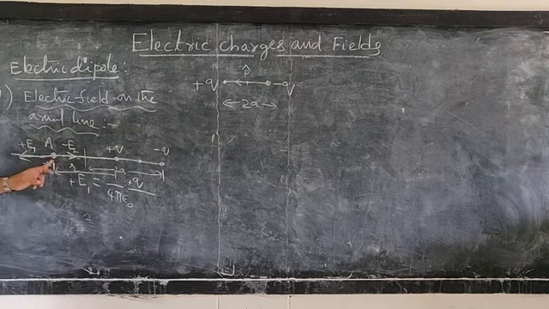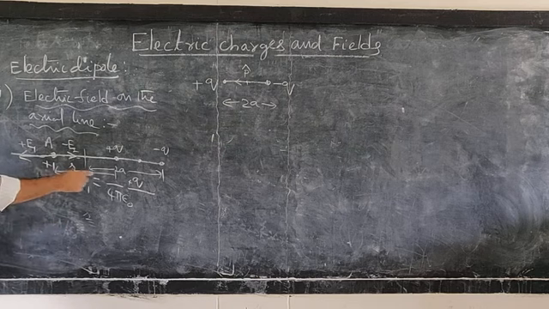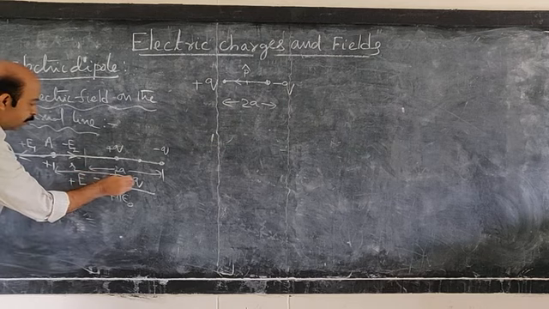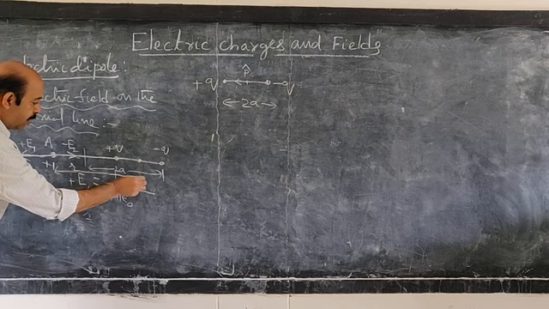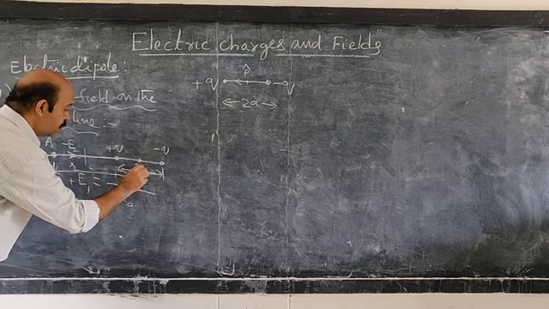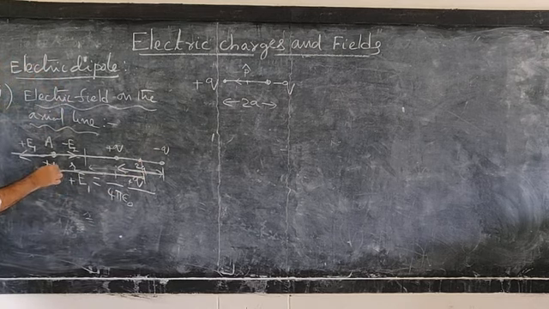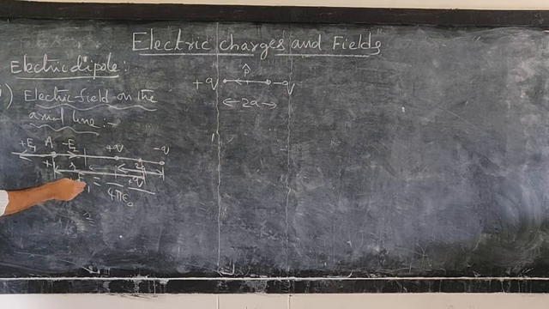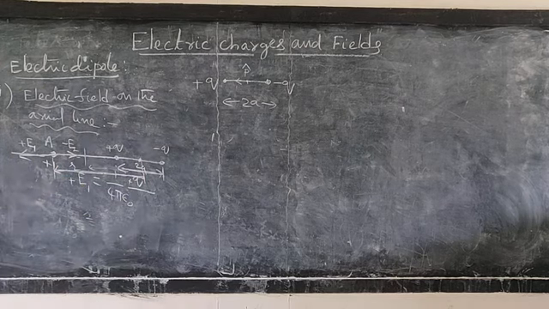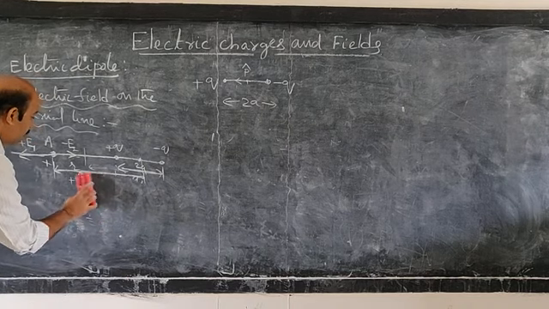So from the center to this point, I have taken the distance r. Therefore, due to this positive charge, I can write the electric field strength like this.